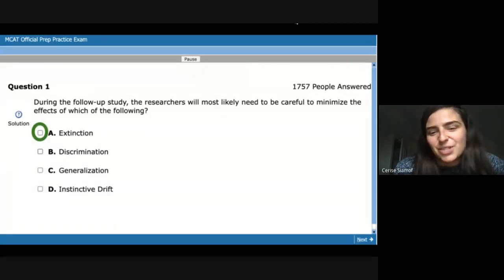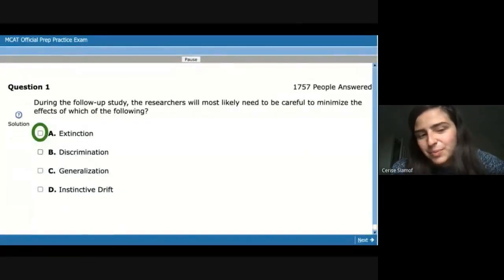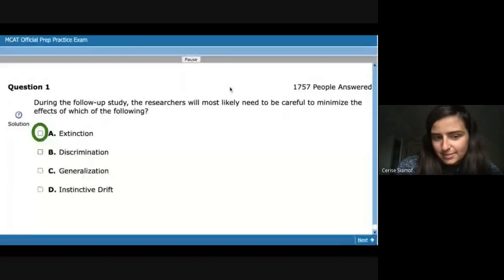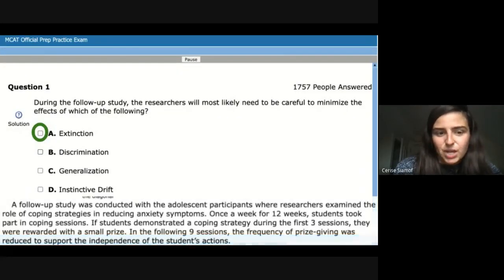So the answer which I'm seeing people choose is extinction. Does anybody want to explain? Okay, do you want to click again, Pranava? So the important piece of the passage to recognize here is obviously what the follow-up study is.